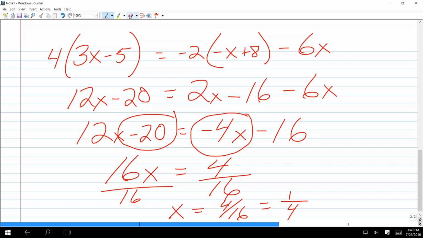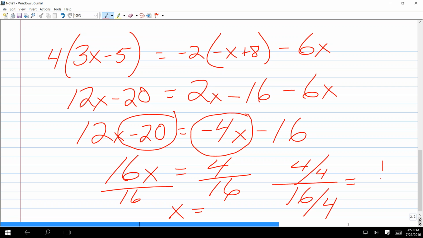Now, how did I technically get 1/4? Well, if I take 4/16, I'm allowed to divide the top and the bottom by the same number, like that. Now, the top becomes 1, and the bottom, 16 divided by 4, is 4.